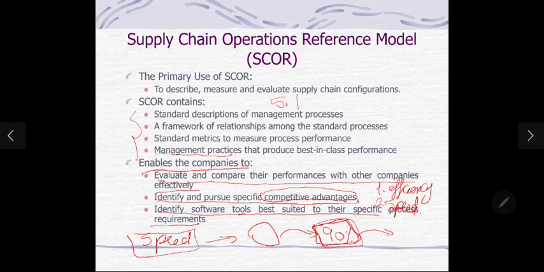Number 5, HR requirement. In other words, if you want to hire a new person that performs the task, what HR capabilities you need to find or you need to assess in the candidates.